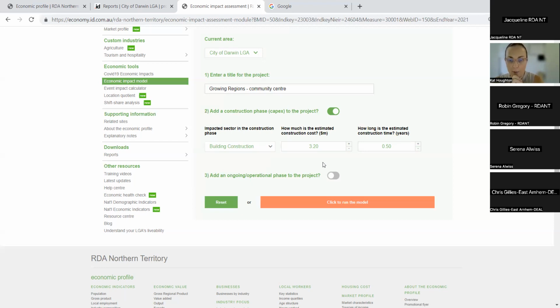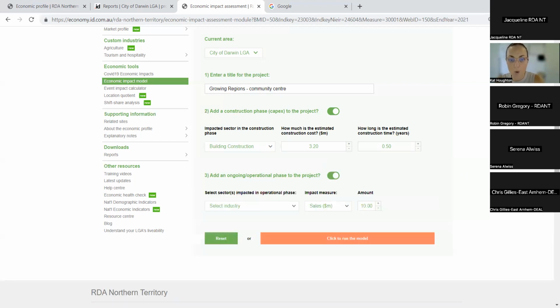I would suggest running the model 3 times, because in year 1 it's going to be X amount of economic impact, in year 2 X amount, and in year 3 X amount, based on the project deliverables. My suggestion is, if you have to run the model more than once, run it more than once. If you've got components of projects, run it 2, 3, 4 times.